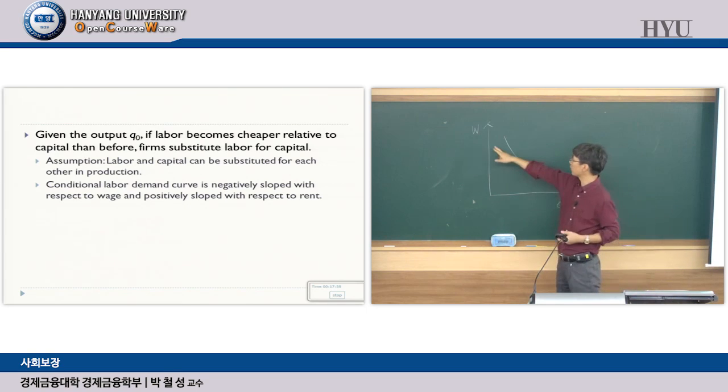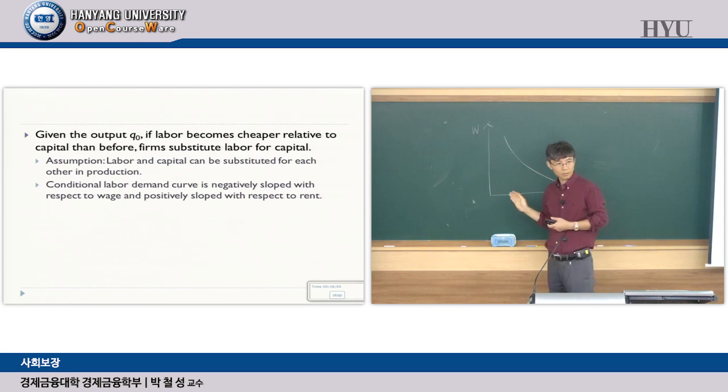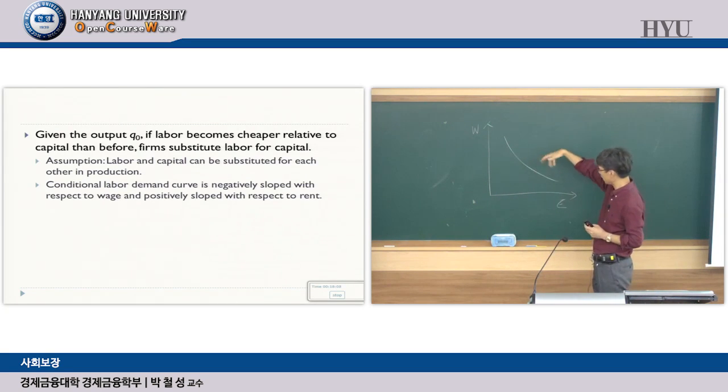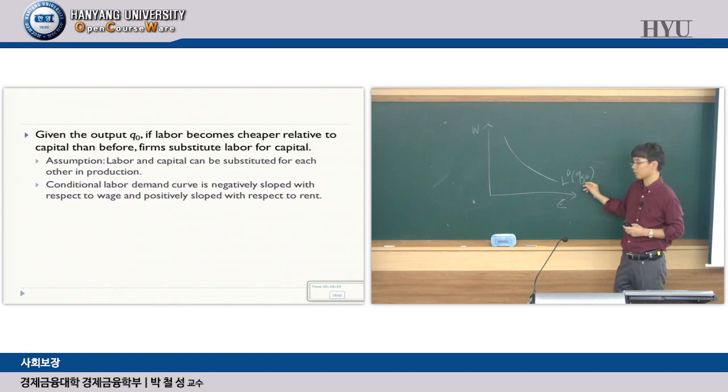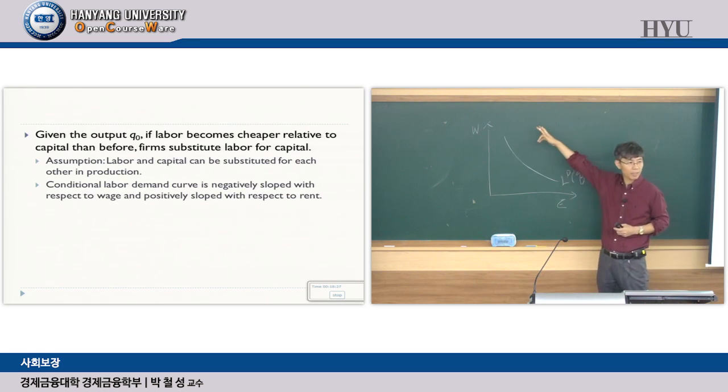So when the wage is high, labor demand will be smaller, and when the wage goes down, labor demand will be more. Obviously, if you try all different wage rates. So this is a labor demand curve, but this is conditional on Q0. We are assuming that output is fixed at Q0, and we change only the wage rate, then you will get this labor demand curve.